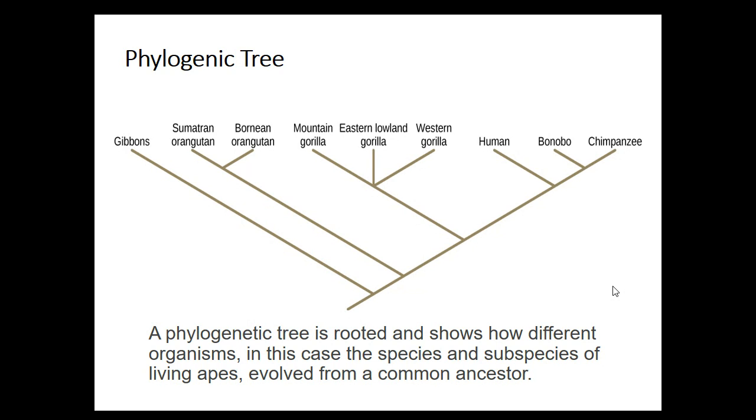It could have been like this branch came off and then this came off of that, or it could have been like this, and we don't know which, so we just draw all three coming from one point.